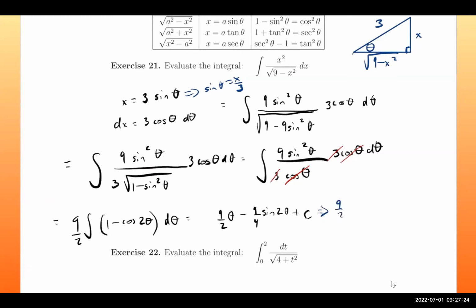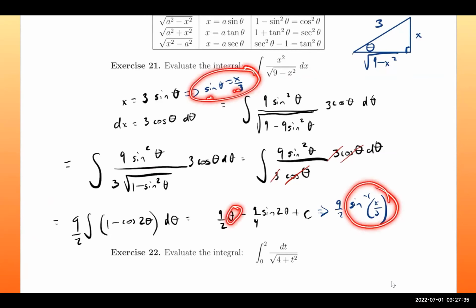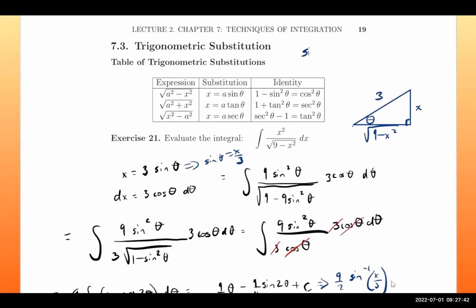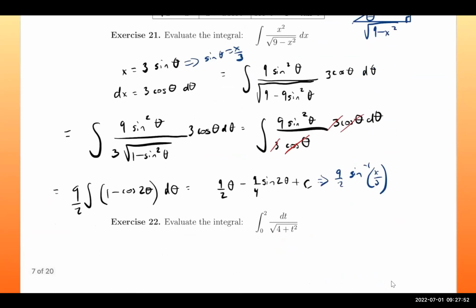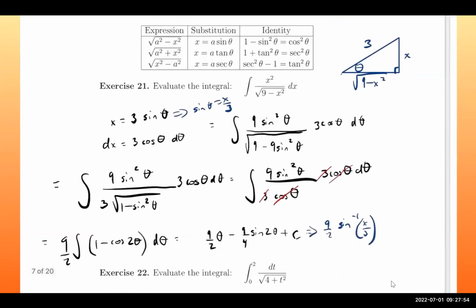So that's going to equal 9/2 theta, where theta is inverse sine x over 3. I got that from here. I just took the inverse of sine of both sides, and that's how I got inverse sine of x over 3 for theta. For sine of 2 theta, we're going to use this identity. Okay, so this is the identity we need to replace sine of 2 theta down here.